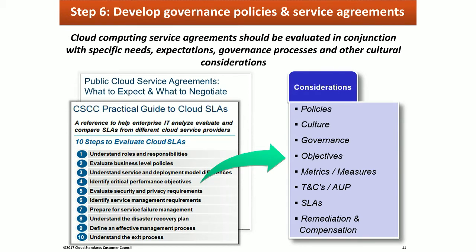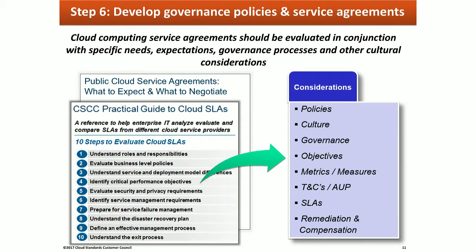Now, the practical guide just gives a high-level view of these issues. There is a whole other white paper called the Practical Guide to Cloud Service Level Agreements, which deals with the detail of cloud service agreements and the considerations and processes that you need to follow when looking at those before you sign on the dotted line to buy a service.